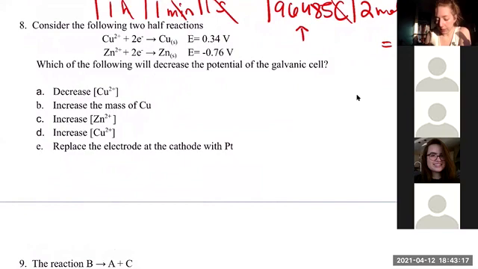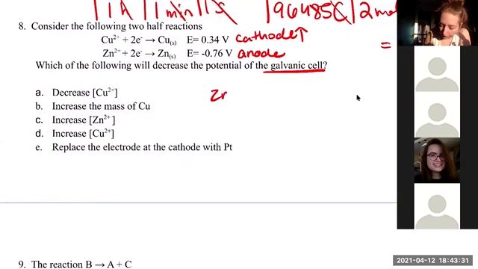So to do that, we need to figure out what is the reaction in general. And to do that, we need to recognize this is the anode, this is the cathode. We're dealing with a regular galvanic cell, that's why. And when we put everything together, this is what we get.